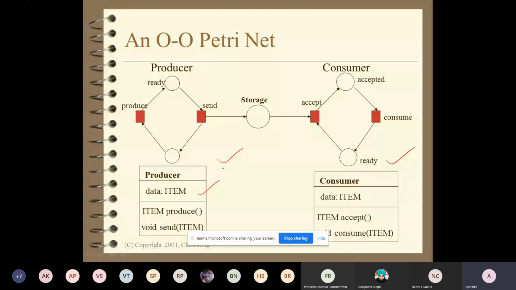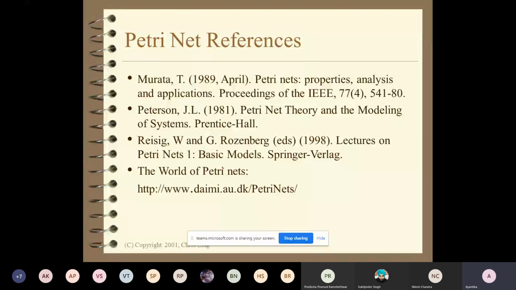It was not there when it was first proposed, but now with these modifications and added features, Petri-net is very useful when we are talking about embedded system modeling. Okay, so these are a few references you can go through. So this is about Petri-net.